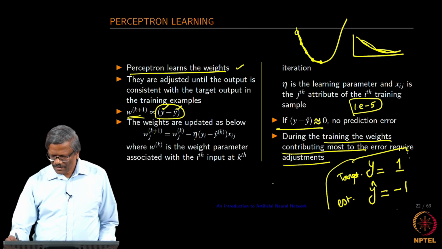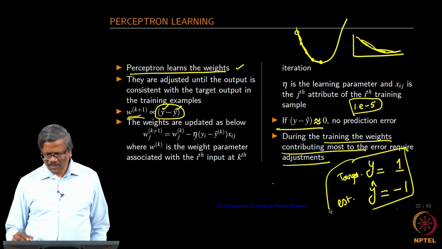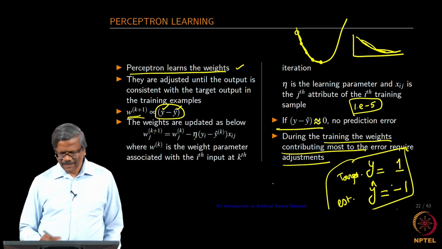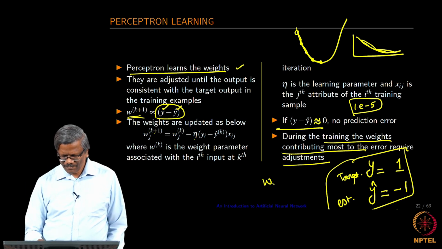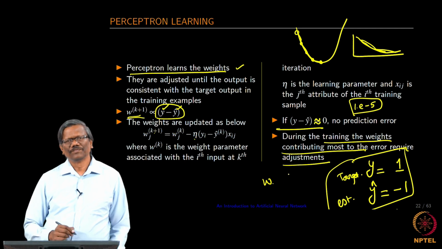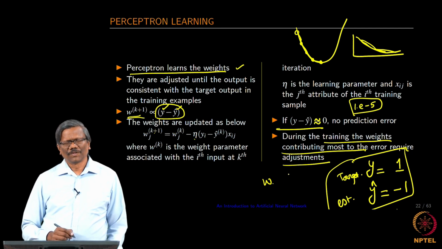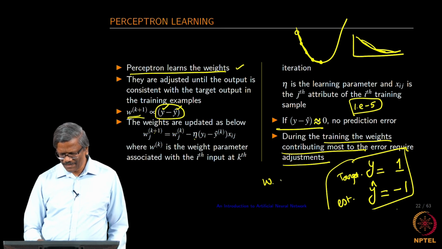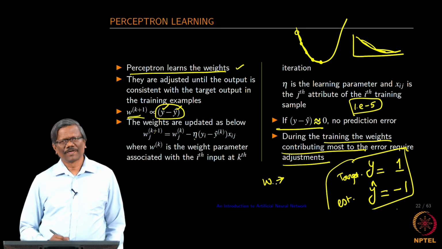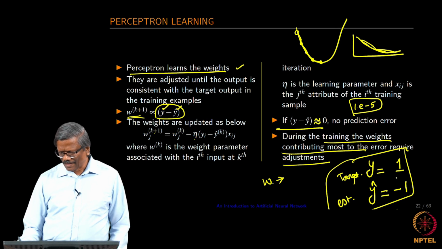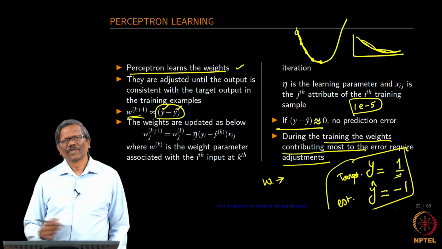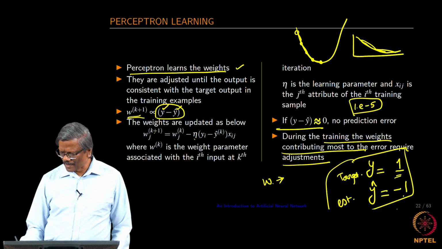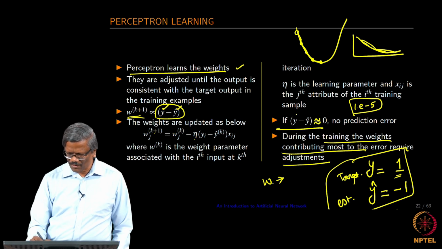So, when you have this set, how will you update W? What kind of adjustment do you make to W so that it becomes closer to 1? Right now it is minus 1. So, when you do this operation, the error equals 2.